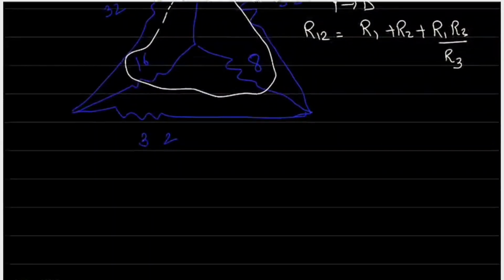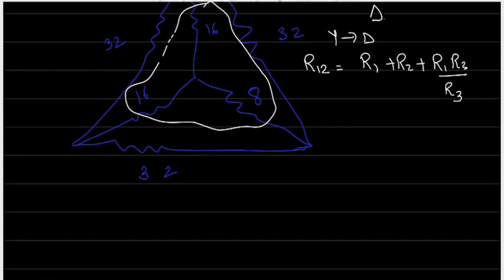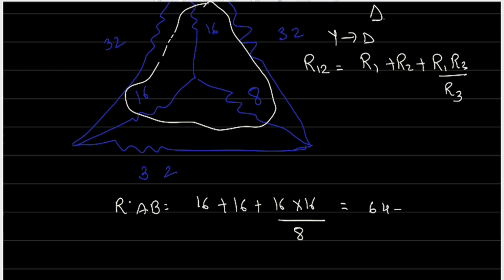For here, RAB equals 16 plus 16 plus 16 into 16 divided by 8. So it will give me the result 64 ohm. Okay.